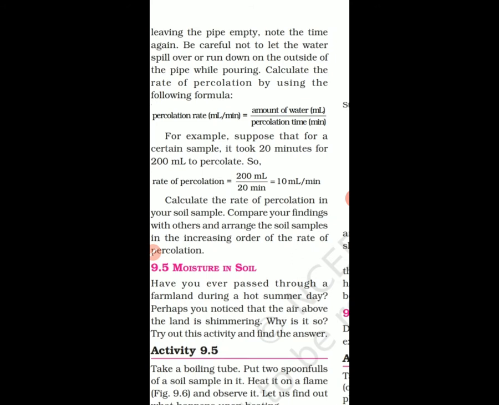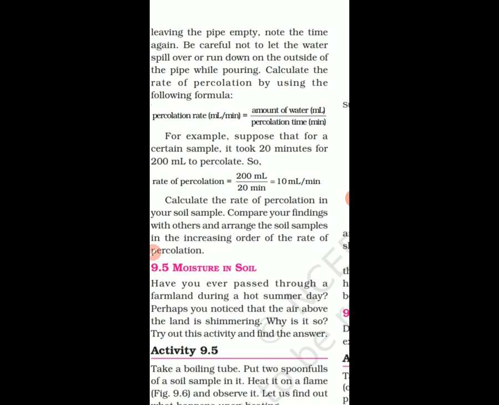What is the rate of percolation? It is 10 milliliter per minute. What is the formula? Amount of water upon the percolation time. So this is the formula how to find the rate of percolation for different soil.